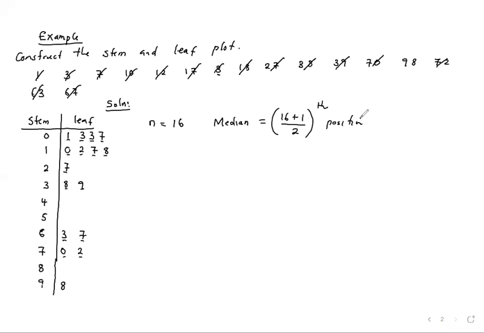That will be 17 over 2, which is 8.5. So when you get 8.5, you get the 8th term plus the 9th term, then divide by 2.